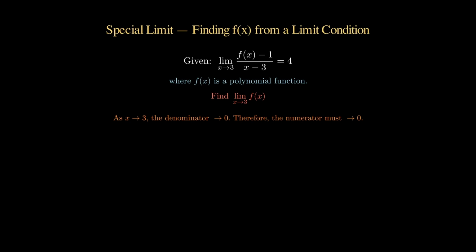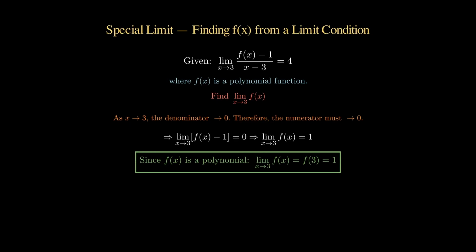For the overall limit to exist and equal 4, the numerator must also approach 0. So, f of 3 minus 1 equals 0, which gives f of 3 equals 1. Since f of x is a polynomial, the limit of f as x approaches 3 is simply f of 3, which equals 1.